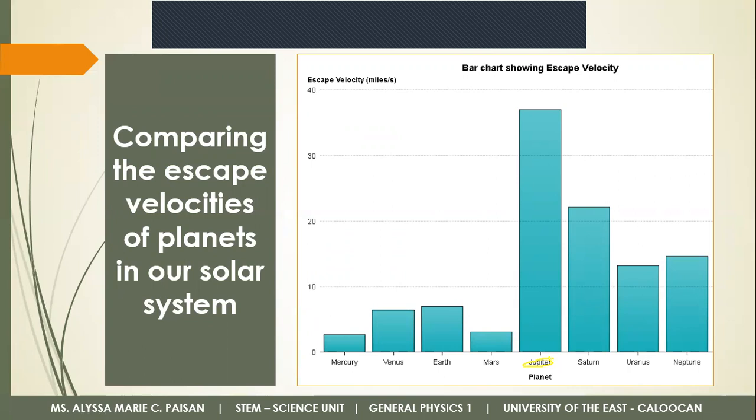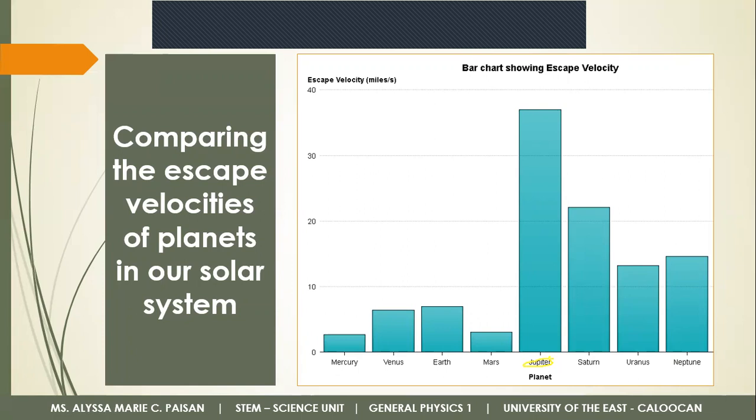It also means that the greater the escape velocity, the more energy is required for that object to be able to escape the gravitational influence of the planet. Again, kapag mas massive yung planet natin, mas malaking kinetic energy dapat yung kailangan na isupply mo dun sa object para siya ay makawala sa gravitational influence ng planet na yon.